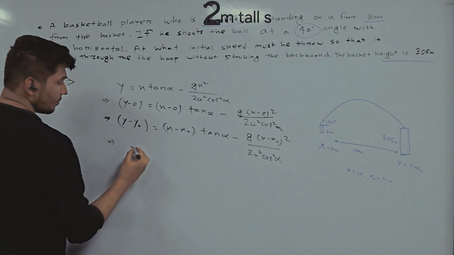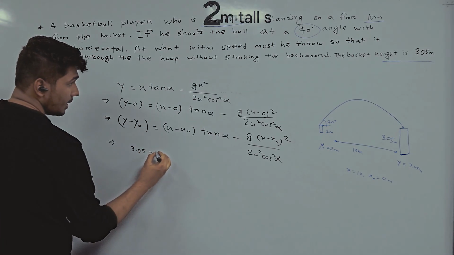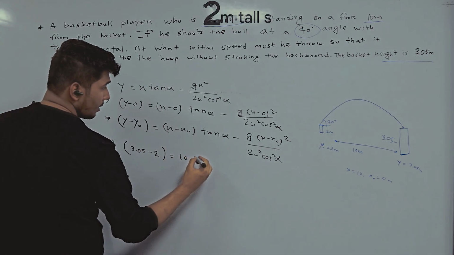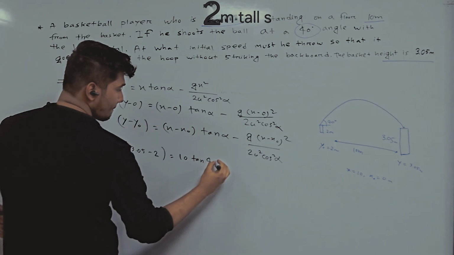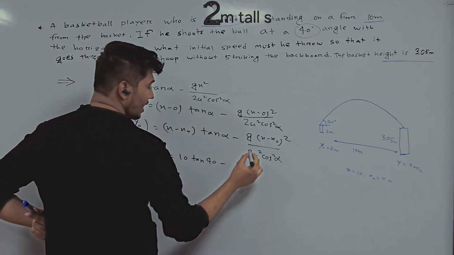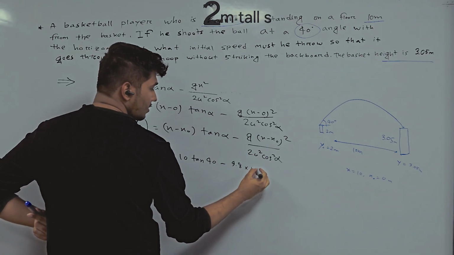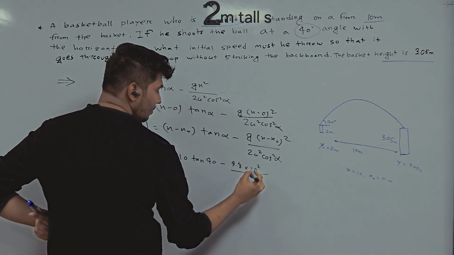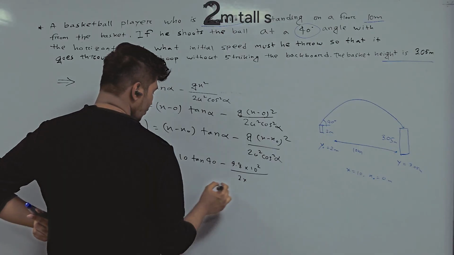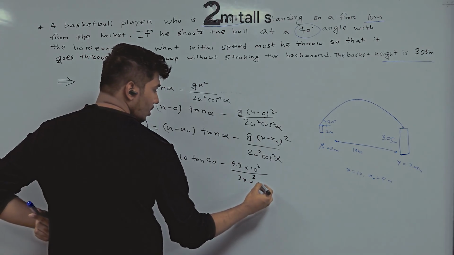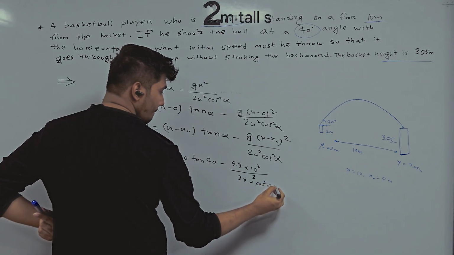So we get 3.05 minus 2 is equal to 10 tan 40 minus 9.8, the value of gravitational acceleration, into 10 square divided by 2 into u, which is unknown, cos square 40.